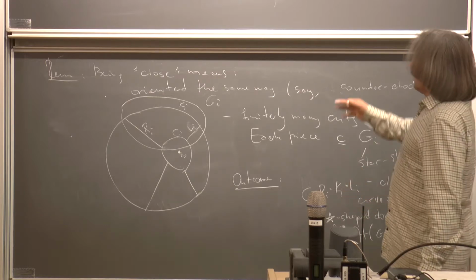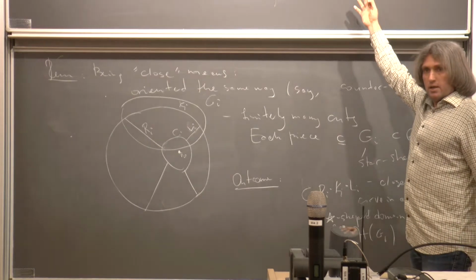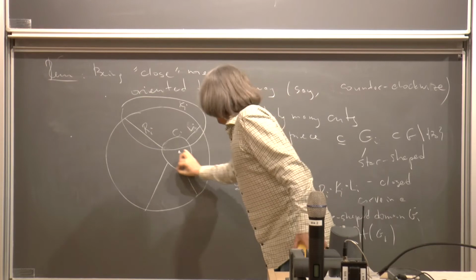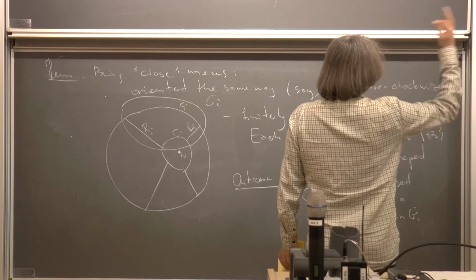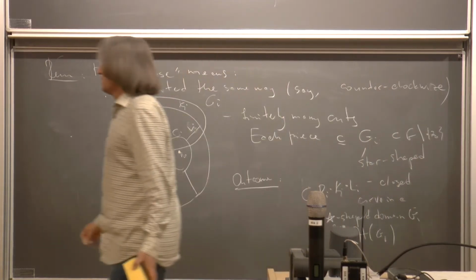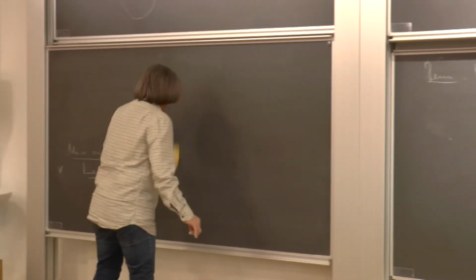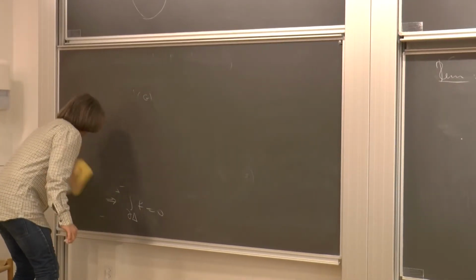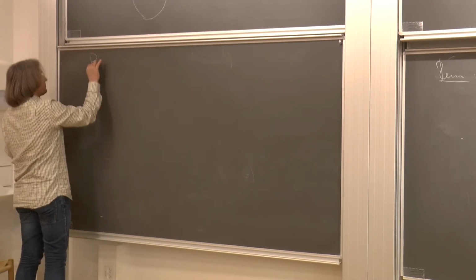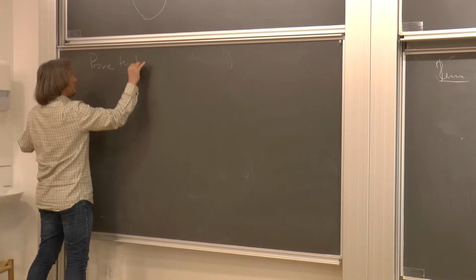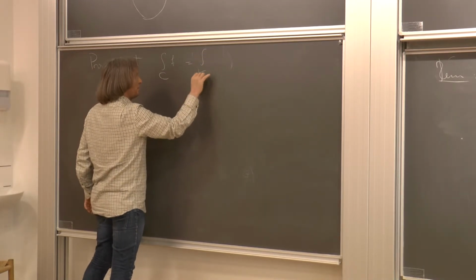Okay, so now it's clear how to prove what I wrote here. We want to say that the integral here equals the integral here. And then we use the same idea as in the proof of the Cauchy integral theorem. So prove that the integral over C of f equals the integral over K of f.